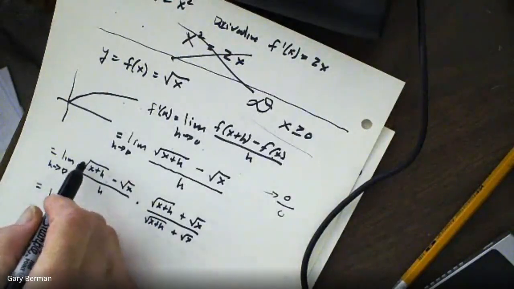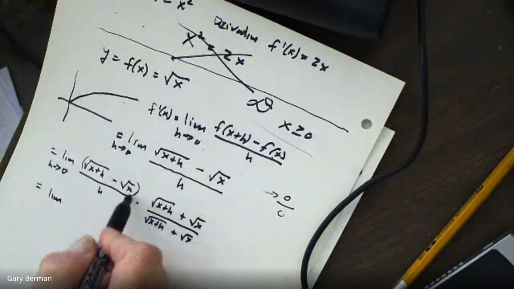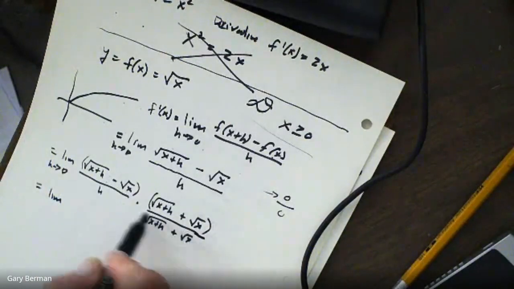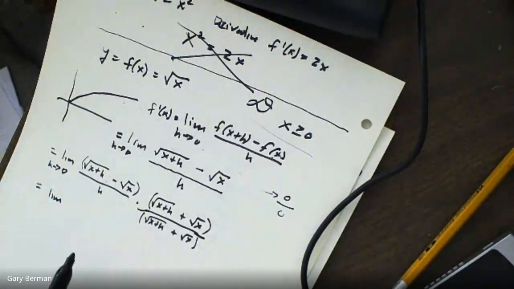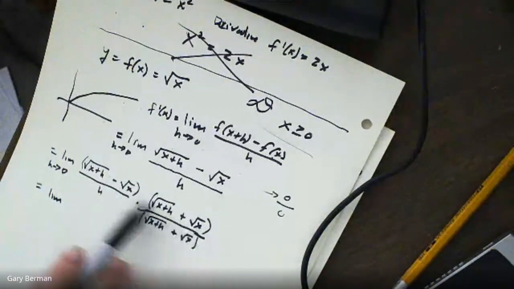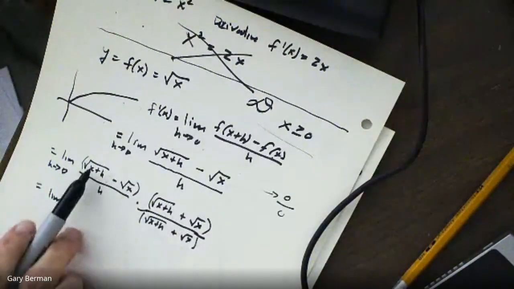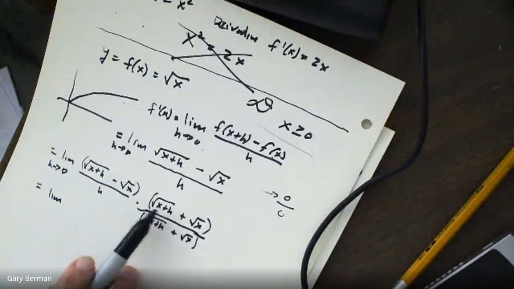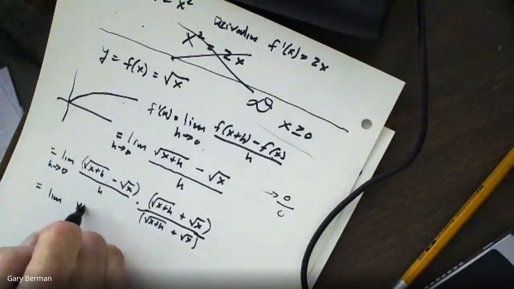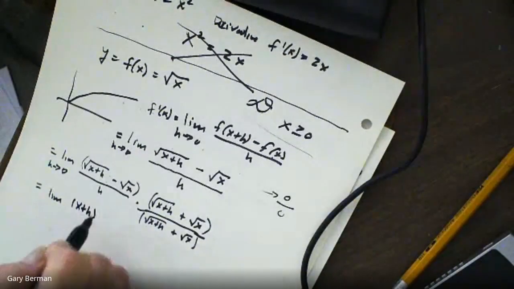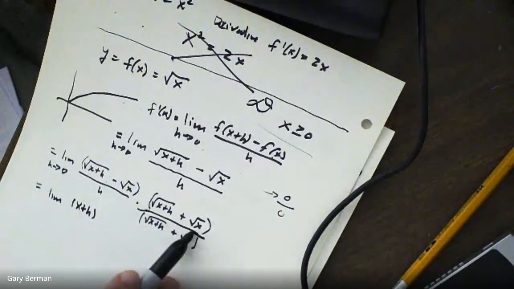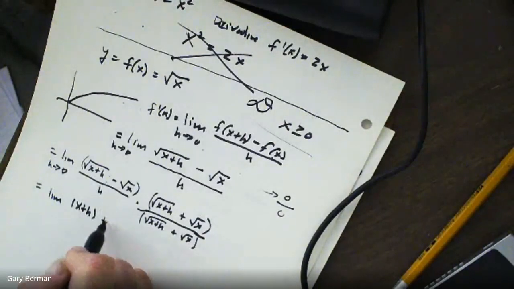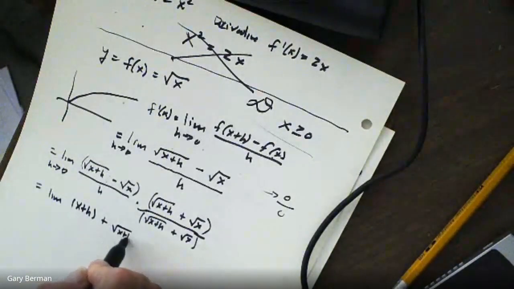So remember, these things are really better thought of in parentheses. So we've got to FOIL this out. Root x plus h times root x plus h leaves an x plus h term. Root x plus h times root x is going to be plus root x plus h times root x.